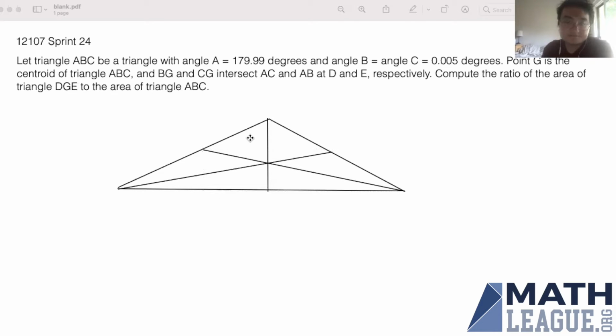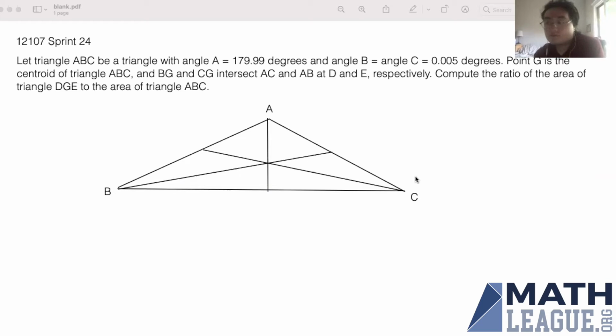So, for example, this is a median because it's going from, let's call it vertex A, down to the midpoint of BC, and the median from B goes from B to the midpoint of AC, and the median from C goes from C to the midpoint of BA, right? So if we were to superimpose this on a coordinate grid, that would be the same thing as saying that the centroid is at the mean of the coordinates of the vertices.